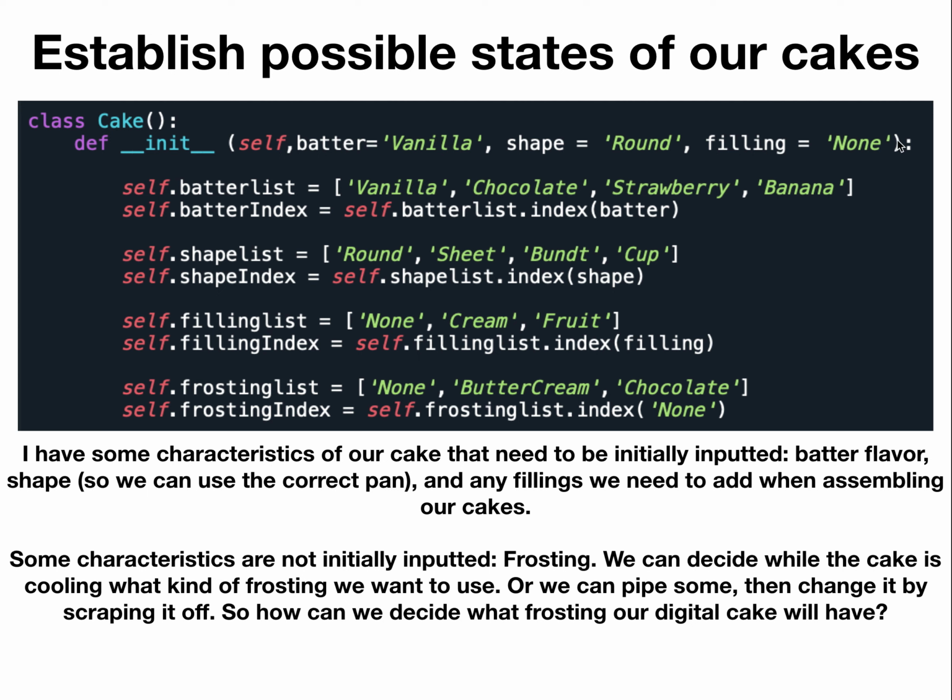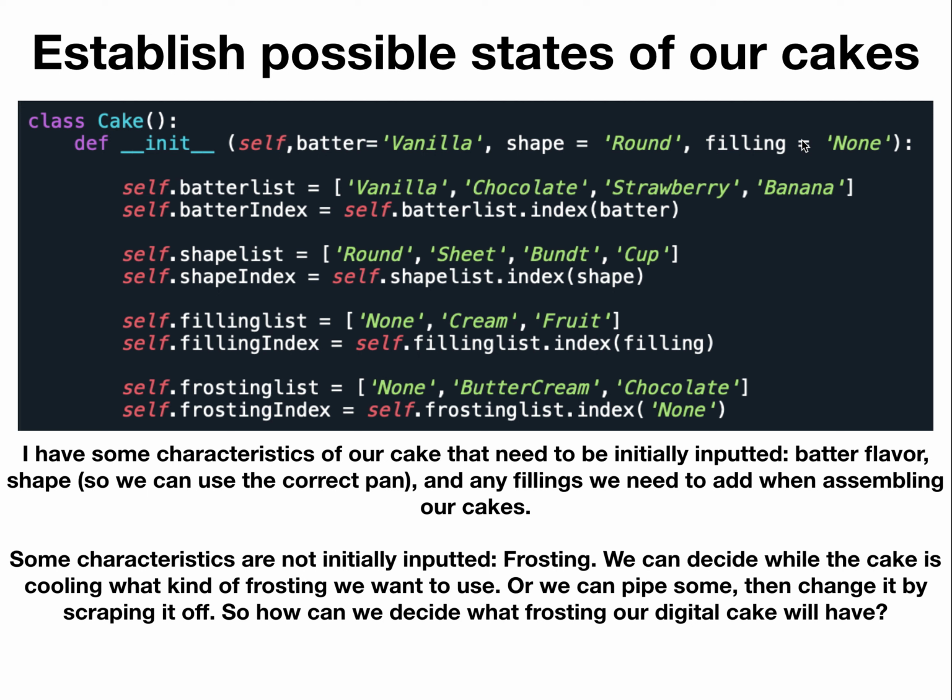We don't define that characteristic or that state up front. And we can't decide up front. The default is none, which would be the 0th index in this list of possible frostings.